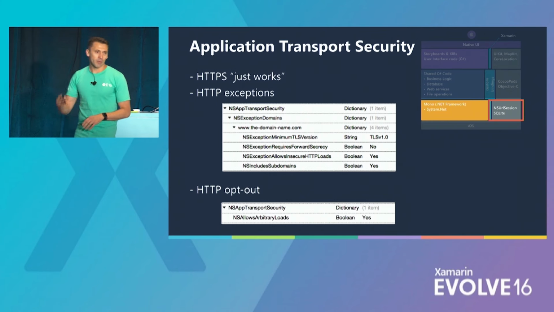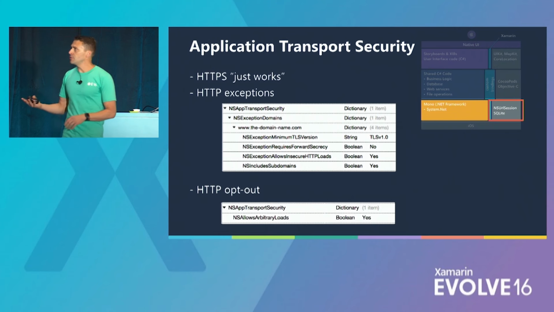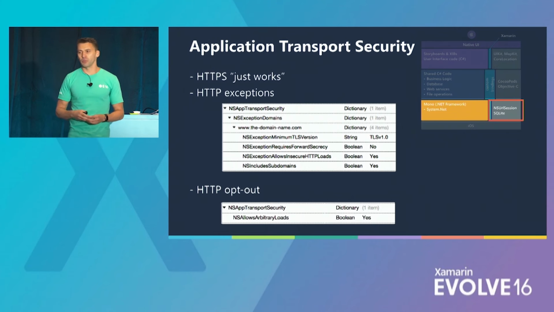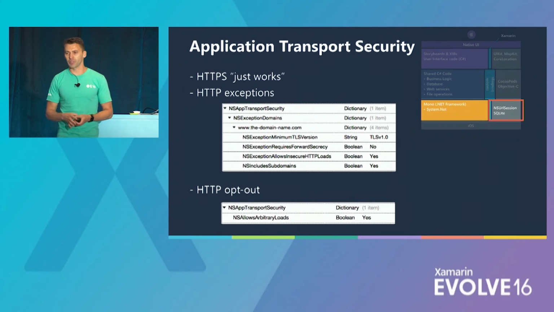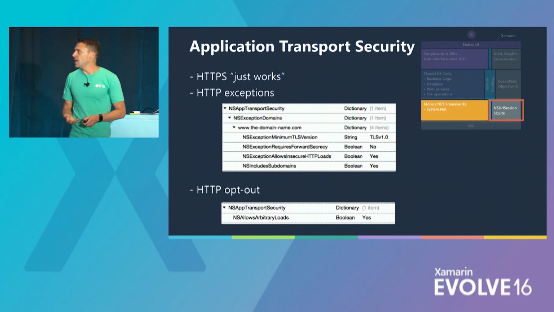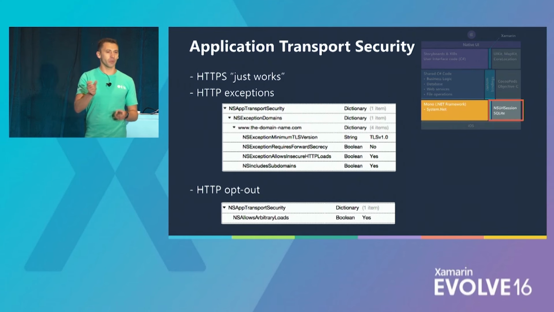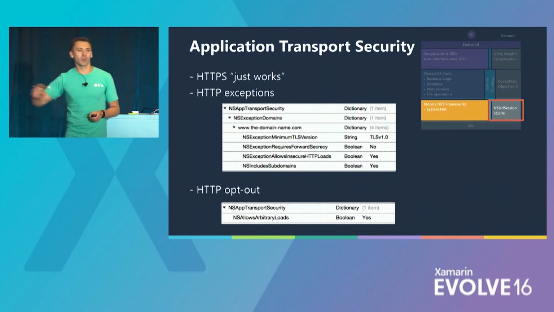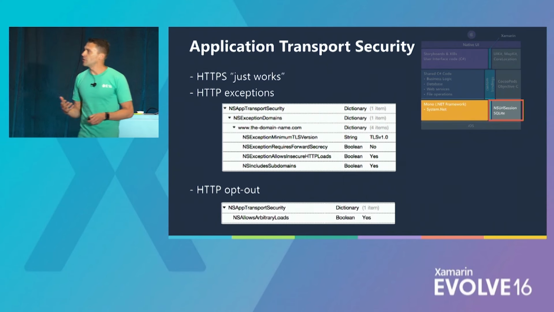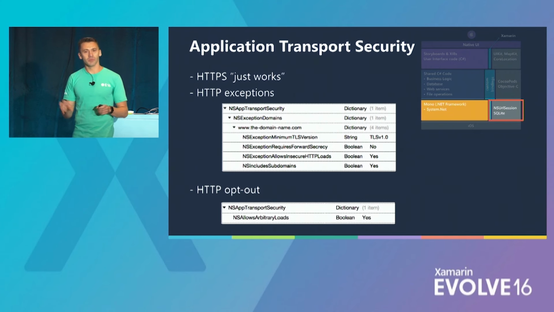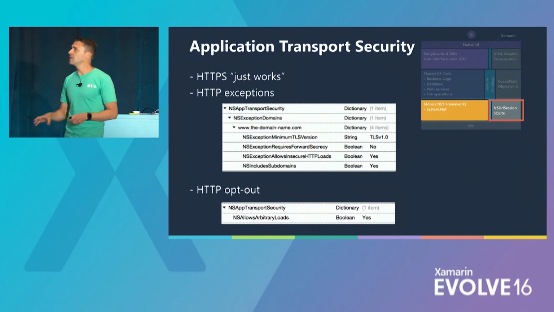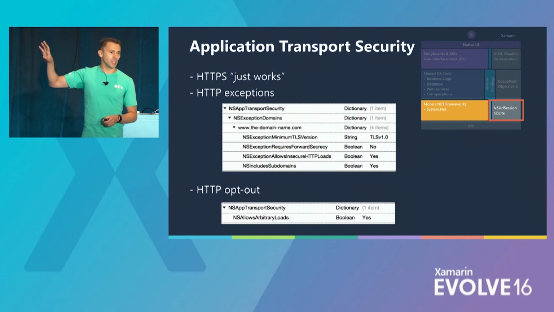However, from iOS 9 going forward, if you're using HTTP connections to grab images or to get JSON files, Apple's concerned that you've put someone's password in the payload, or that you've got their medical information coming back non-secured. So to communicate to Apple that, yeah, it's cool, this data isn't secure enough for me to care about, you can create exceptions in your Info.plist, or you can opt out of that security checking entirely.